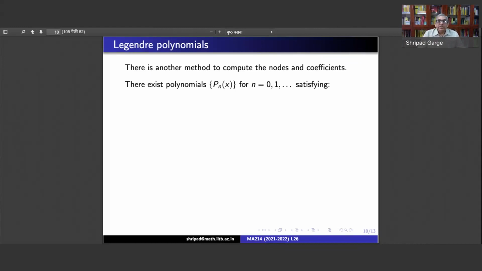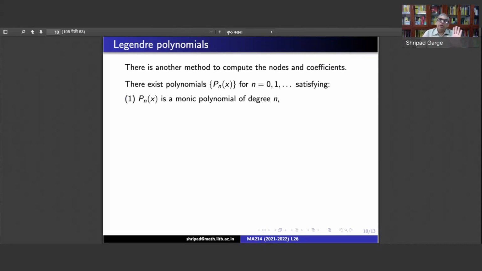What are these polynomials? These are infinitely many polynomials. So these are polynomials Pn for each n going from 0 to 1 to 2, 3, and so on. And they satisfy two very important conditions. First condition is that each Pn is a monic polynomial of degree n.